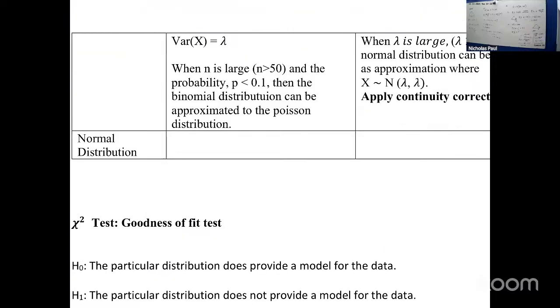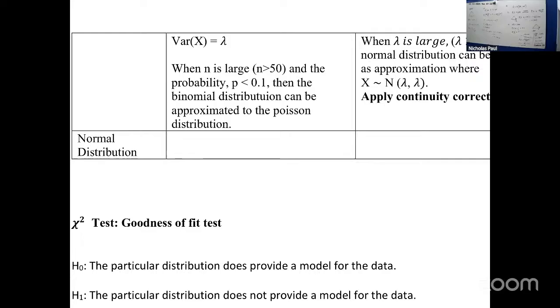As I was telling you all, just like unit 1, when n is too large, that means n is more than 50, here we could also do, because the Poisson shape is kind of normalish. When n is bigger than 50 and p is less than 0.1, the binomial distribution could be approximated by the Poisson. And I want you to be careful here.